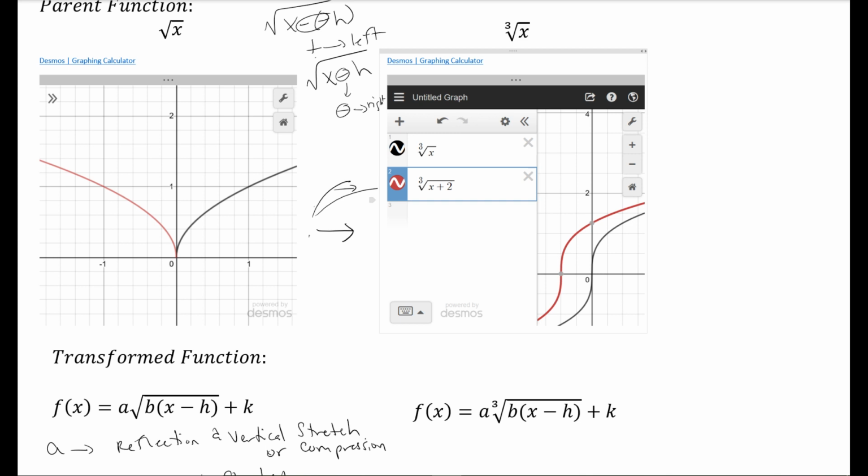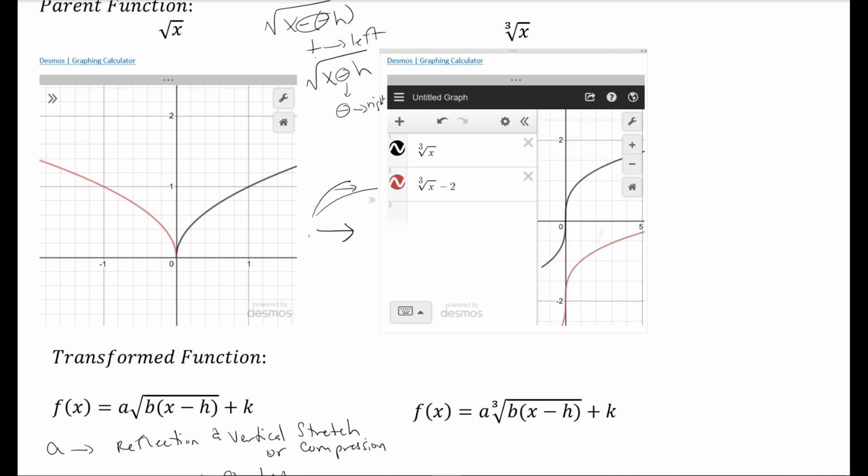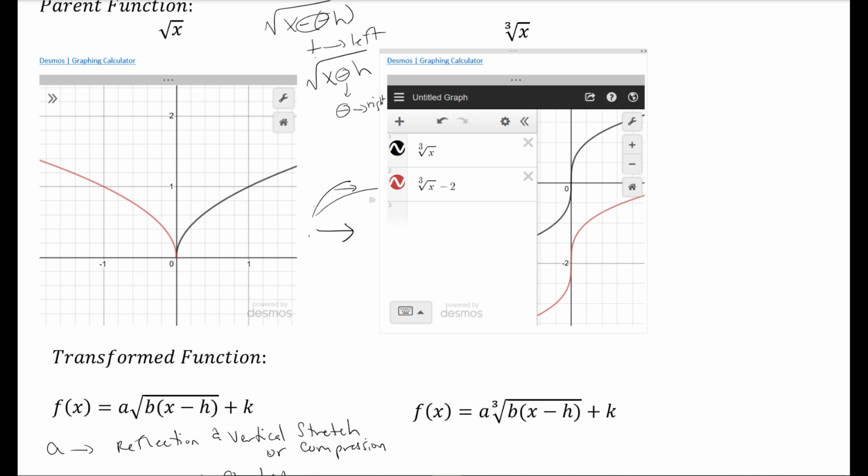That's kind of opposite of what you would think, right? You would think plus is to the right. But when you're talking about the x transformation, which is on the inside, then it's actually opposite. So plus is left and minus is to the right. So I'll show you if we did a minus 2, that would actually be shifted to the right. But when you're talking about a transformation that is on the outside, then it's exactly what you think. Minus is down to the ground and plus is up to the sky.